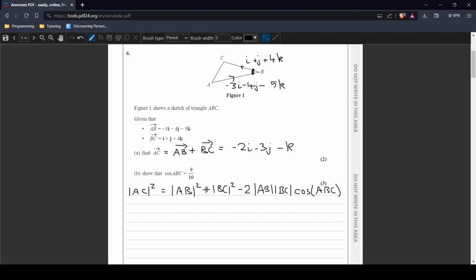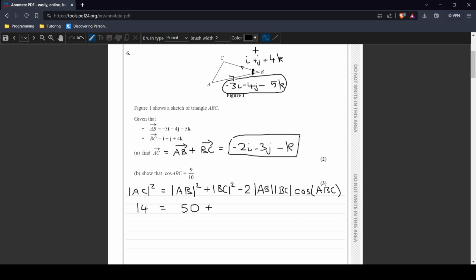Okay, now we just need to plug in some of the numbers. So the length of AC squared is, well, AC is this vector, so the modulus squared is going to be 2 squared plus 3 squared plus 1 squared. So 4 plus 9 is 13 plus 1, just 14. So we have 14 is equal to, now the length of AB squared, so AB is again this vector here. Now the length of AB squared will just be 3 squared plus 4 squared plus 5 squared, which is 9 plus 16 plus 25, which is 50.